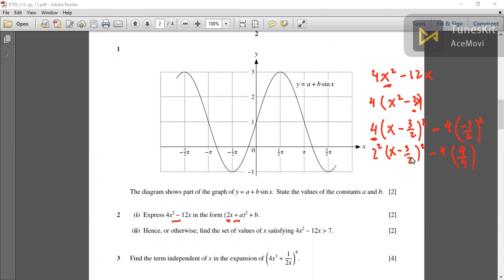The 2 squared and (x minus 3 over 2) squared can be combined, so it becomes (2x minus 3 over 2) squared, and the 4 cancels, leaving minus 9. Then I expand the 2 inside, so it becomes (2x minus 3) squared minus 9. So we get a equals minus 3, b equals minus 9.